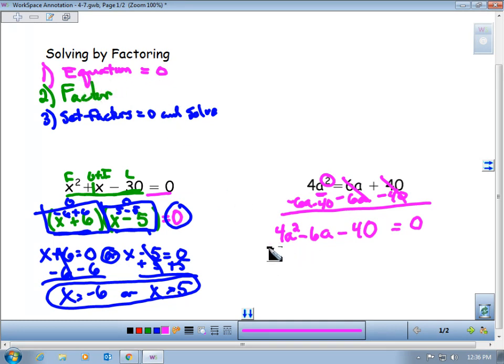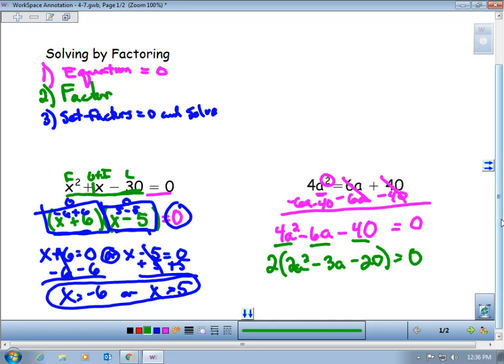So there's step one. And like I said, I always like this first term, the largest degree term, to always be positive, something that will help you out as you go to factor. So as I factor here, guys, ooh, I see a common factor of 2. So I'm going to factor that out. So it's 2a squared minus 3a minus 20.